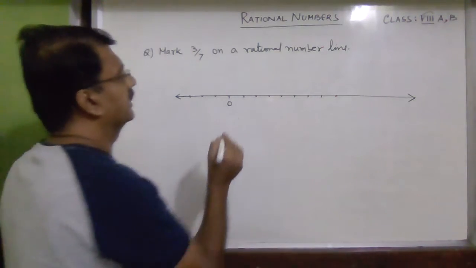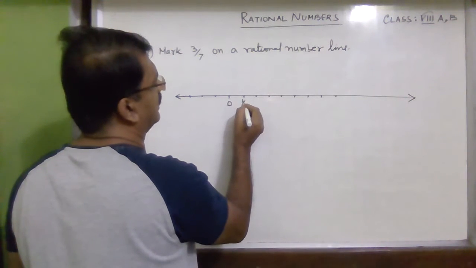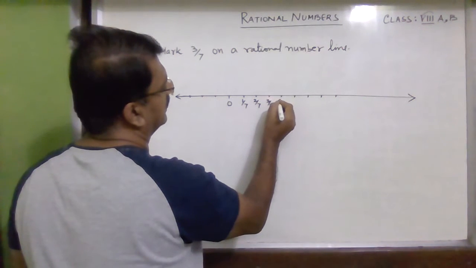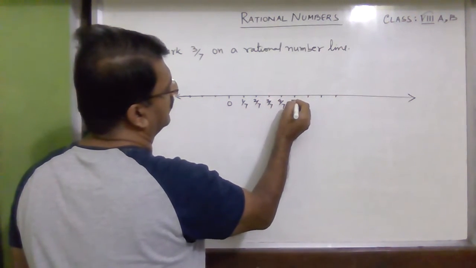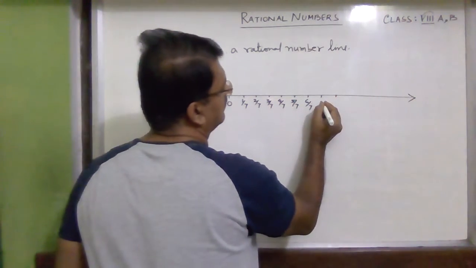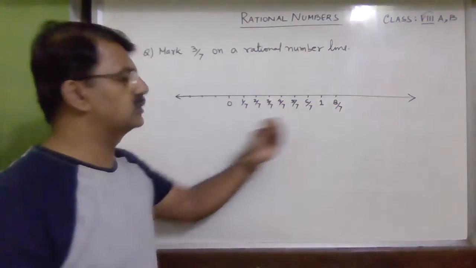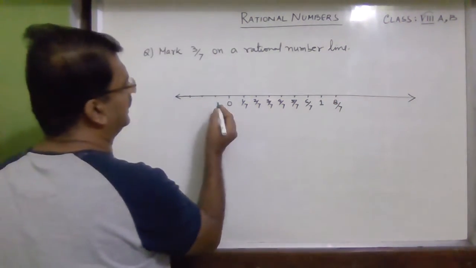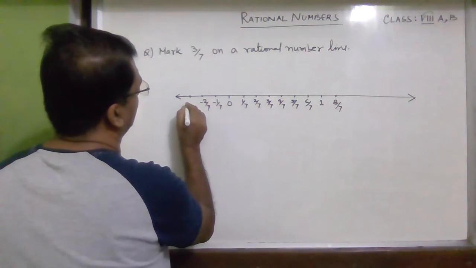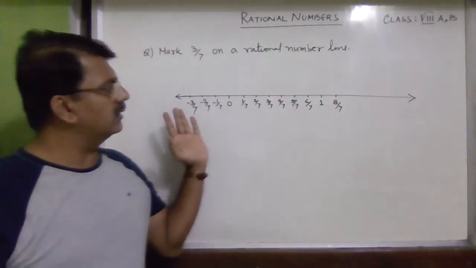Now see, mark this: as there is 7 in the denominator, you mark 1 upon 7, 2 upon 7, 3 upon 7, 4 upon 7, 5 upon 7, 6 upon 7. Now in place of 7 upon 7 you can write 1, and then 8 upon 7, and so on. And on the left hand side, minus 1 by 7, minus 2 by 7, minus 3 by 7, and so on. Clear?